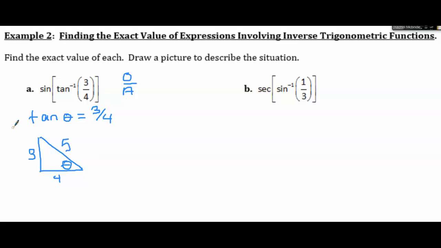So the tan inverse of 3/4 is equal to theta. So this is really like saying, okay, what's the sine of theta? And we know that the sine of theta is opposite over hypotenuse, or 3/5.